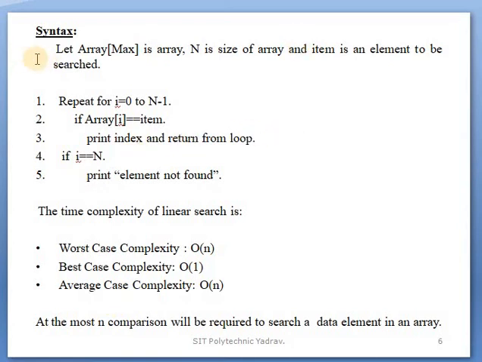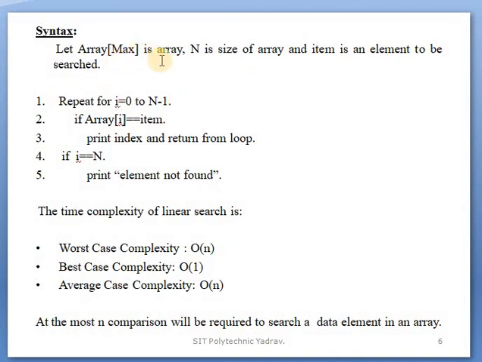The syntax of the linear search, also known as sequential search. In the previous slide we saw the sentences: let array max be an array, n is the size of the array, and item is an element to be searched.